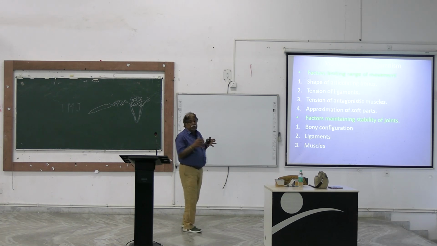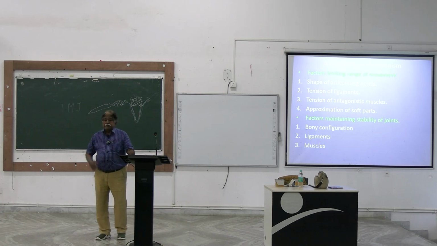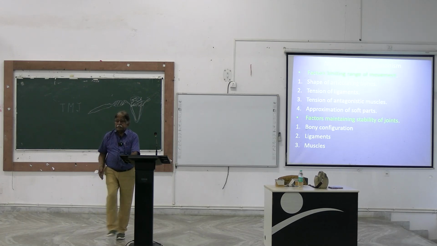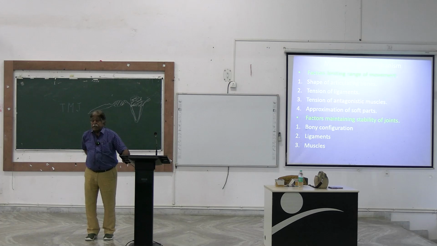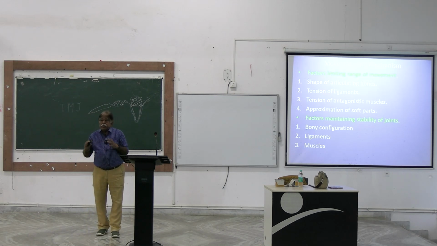Now, the limitations we see: your shoulder joint can go like this, but your hip joint is restricted. Adduction, abduction, you can move but restricted. That is due to the capsule and the muscle and the ligaments. But in the shoulder joint, it is quite free.